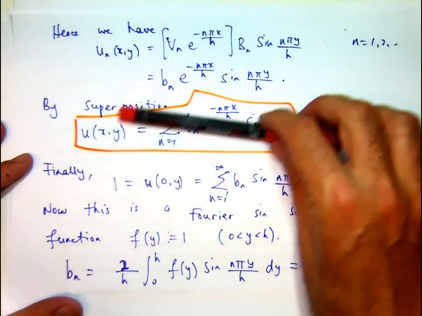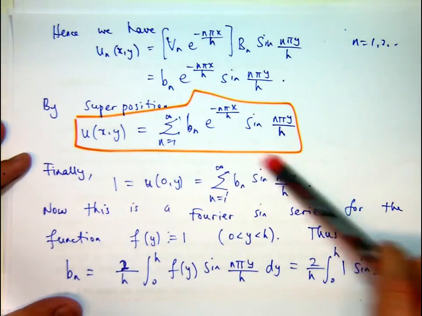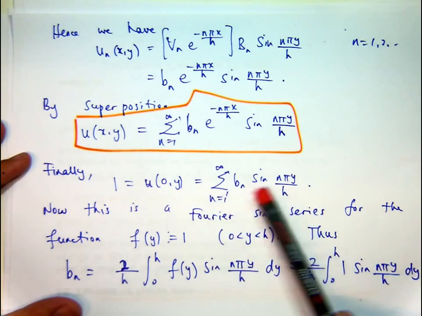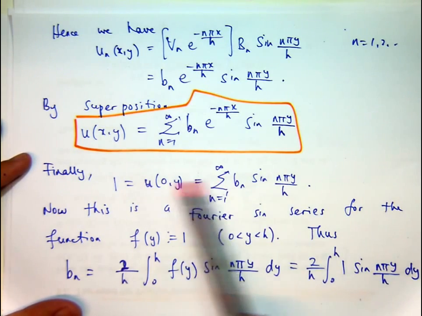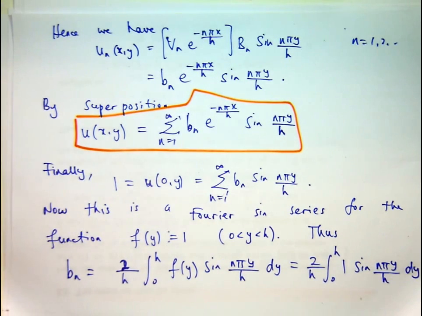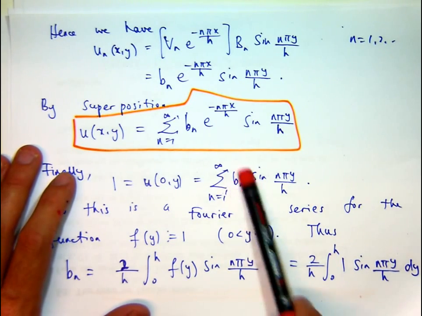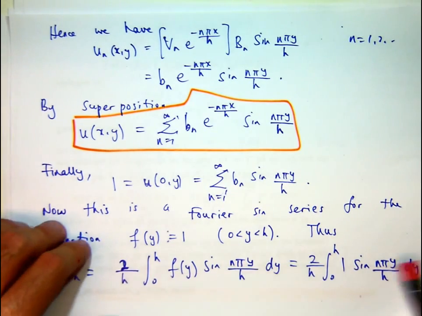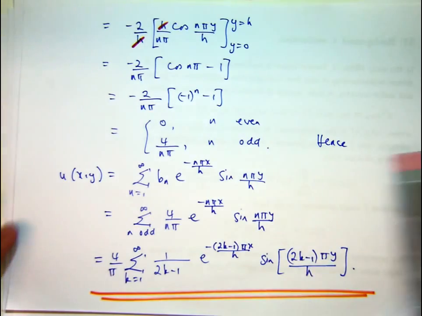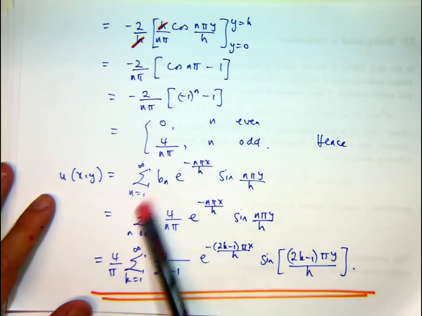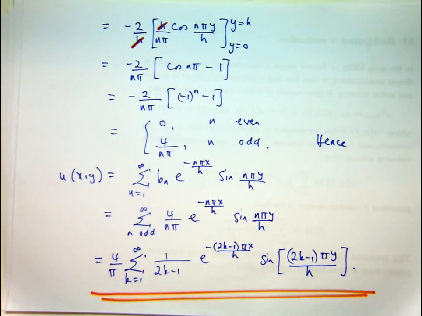We realized that condition leading to this is just a Fourier sine series for the constant function 1. So we know from the theory of Fourier series how to calculate these coefficients. It relies on integration. We carried out the integration and then wrote out the solution in its final form.